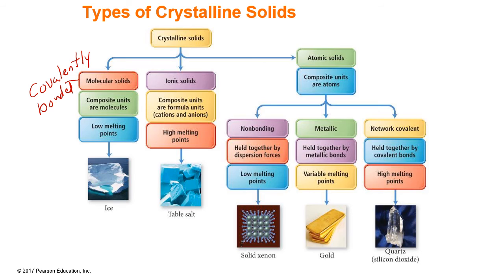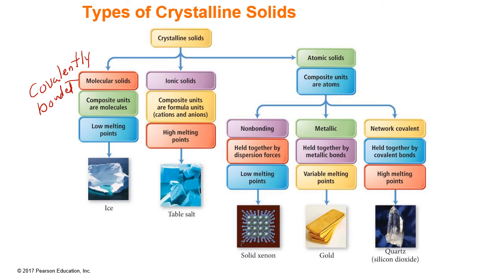We can also have atomic solids, so things that are made out of atoms. These would be things like metallic solids, like gold. We can have things that are non-bonding solids, like xenon.